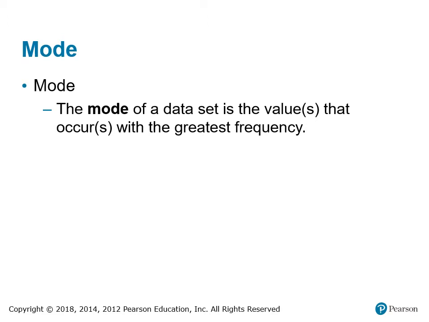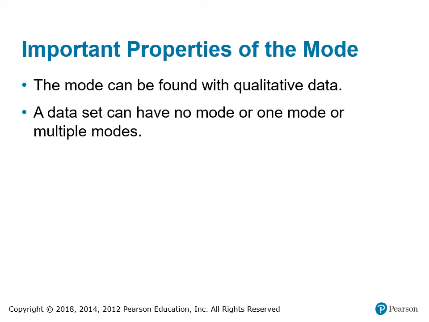Then we have mode. The mode of a data set is the value that occurs most often or with greatest frequency. So it's all about repetition here. Modes are really good when it comes to finding center with qualitative data. Qualitative data is the non-numeric data, so the categorical data.